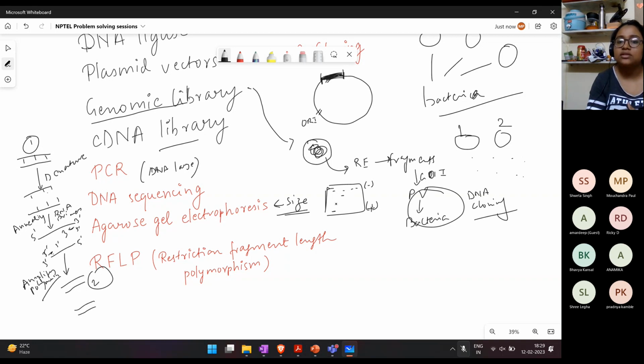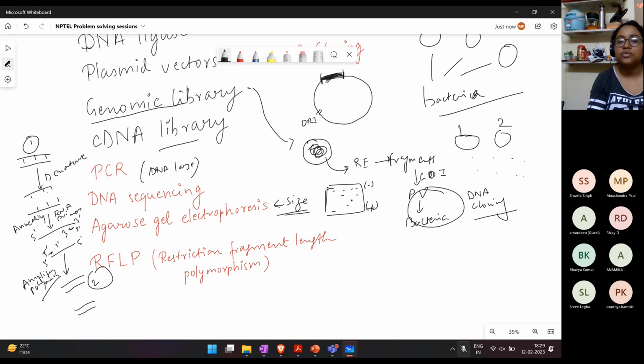They will be somewhere up, not able to migrate so much towards the positive terminal. So this is how you do agarose gel electrophoresis, and based on the size of the DNA fragments, they get distributed and you get this kind of pattern.